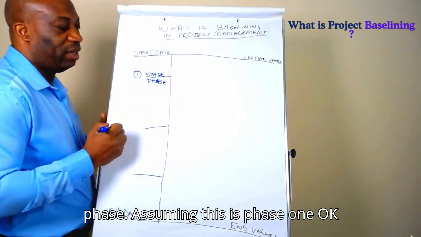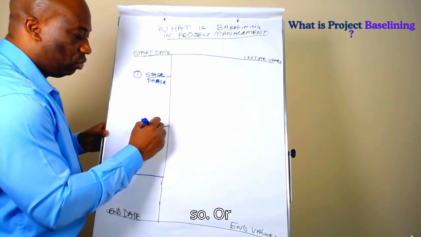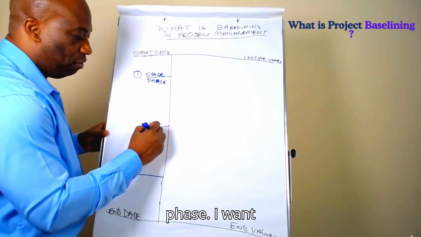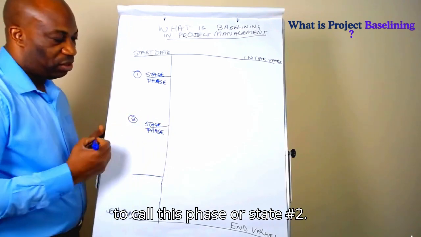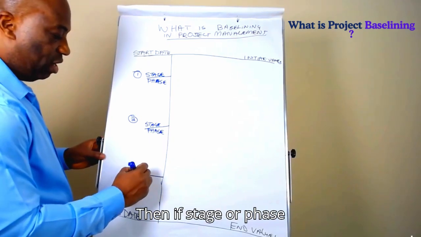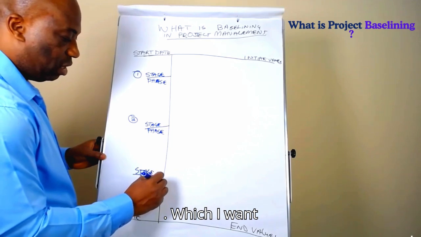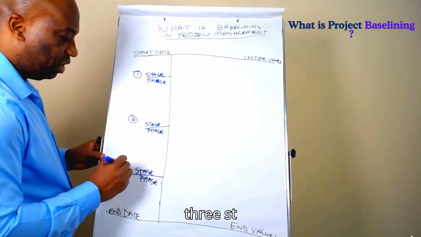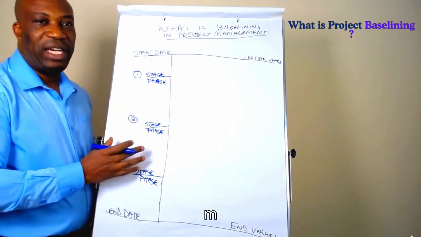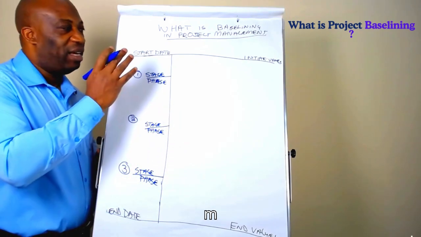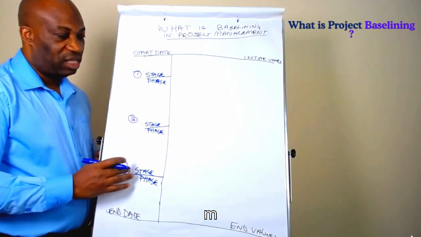Assuming this is phase 1, then we have stage or phase number 2, then phase number 3. For the purposes of explaining why we need project baselining, I'm going to use only these 3 stages.